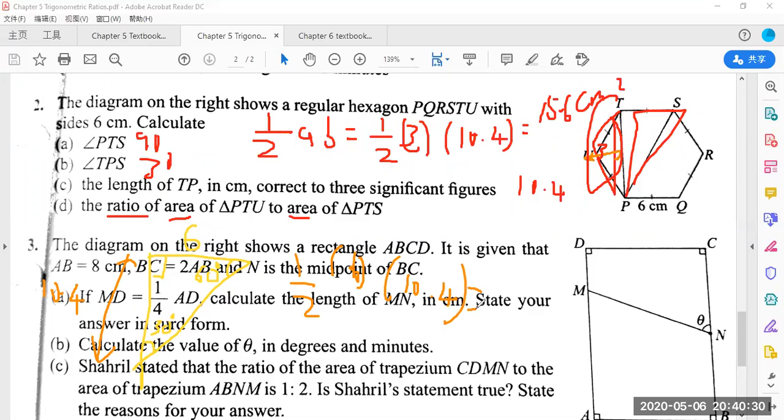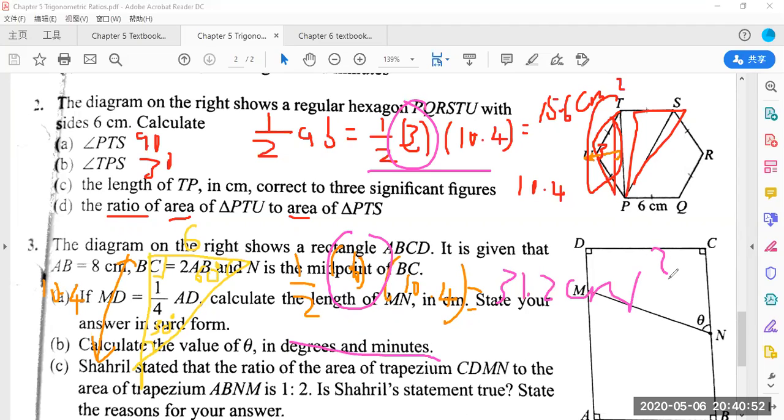You see what is the difference in the formula? Just this one is 6, this one is 3. So this one is 31.2 cm square.